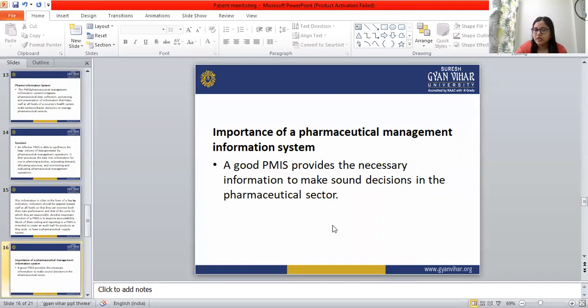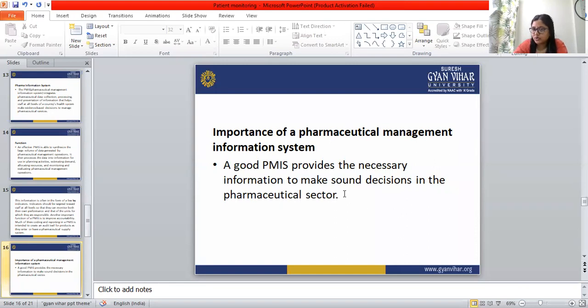So what is the importance of the pharmaceutical management information system, PMIS? A good PMIS provides the necessary information to make sound decisions in the pharmaceutical sector.